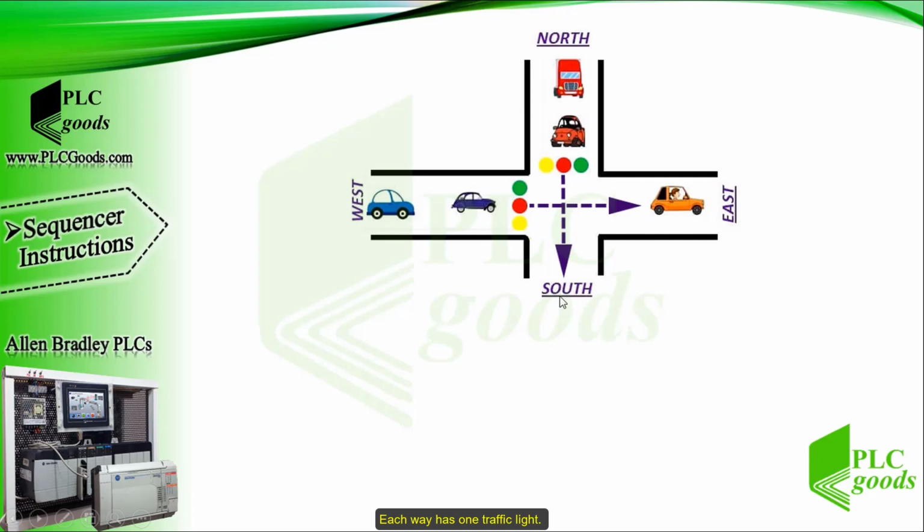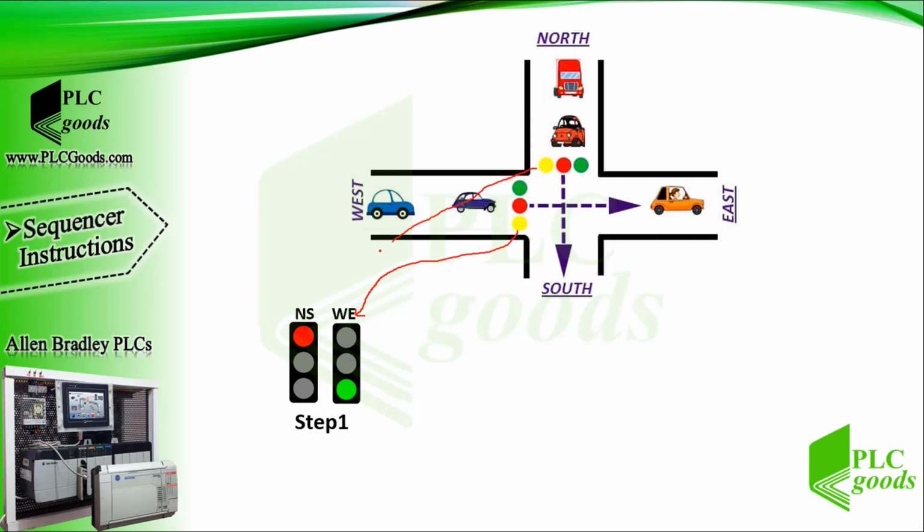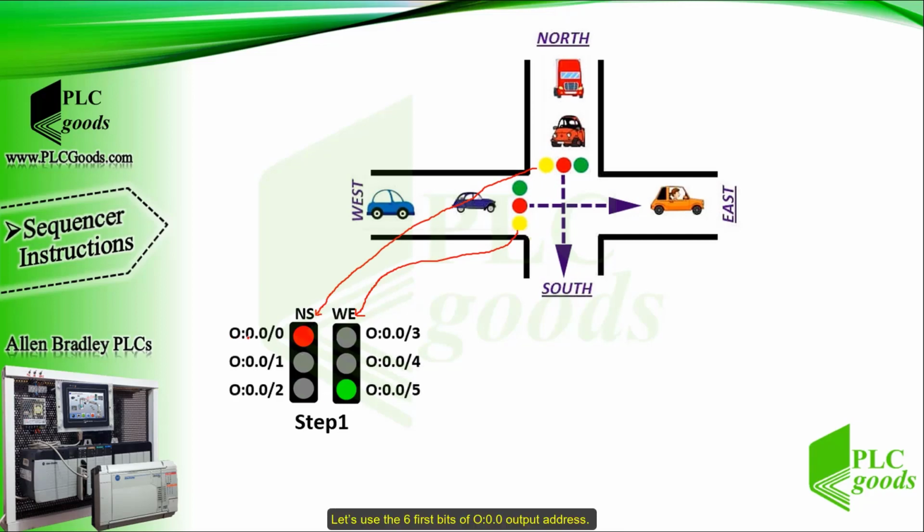Each way has one traffic light. The program should control 6 lights with 6 digital outputs. Let's use the first 6 bits of O0 output address.